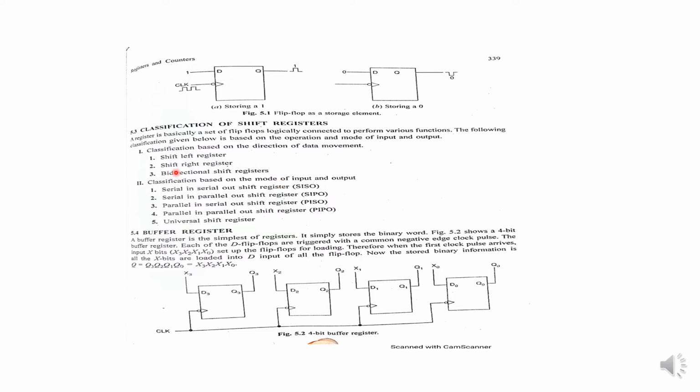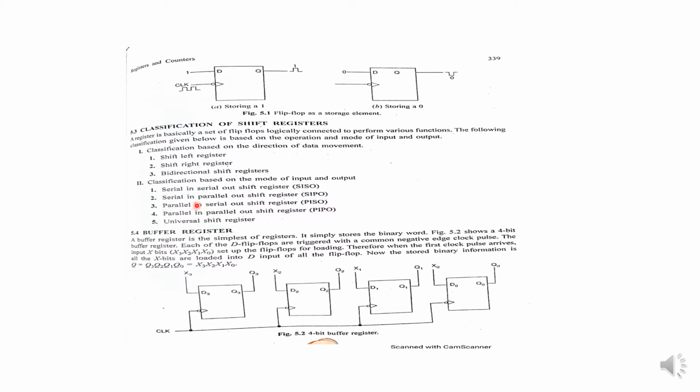Now classifications based on the mode of input and output. Very important, you need to remember all the classifications. The first one is serial in, serial out shift register, SISO. Next is serial in, parallel out shift register, that is SIPO.